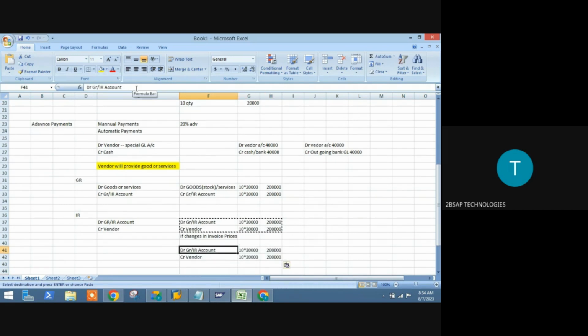Here, your GRIR value never changes. It is going to be whatever value you have, the same value will always be available.